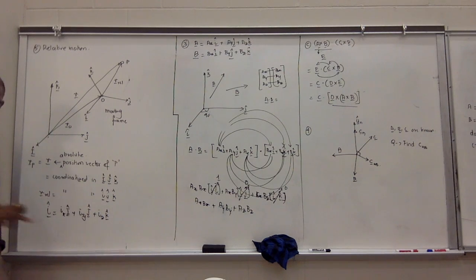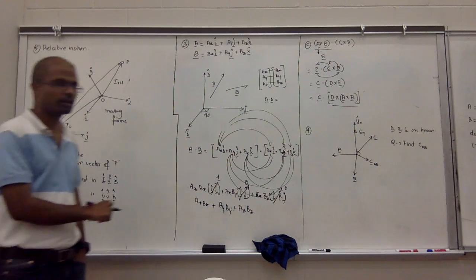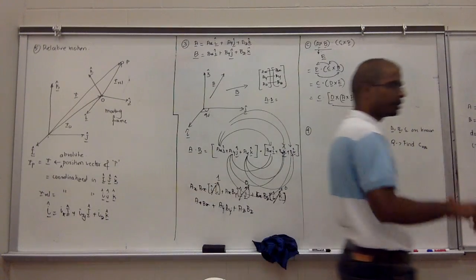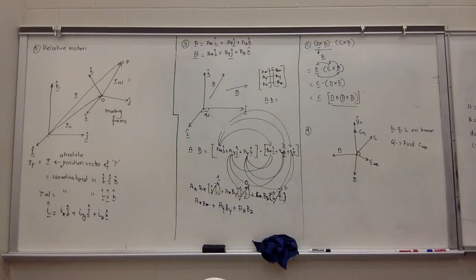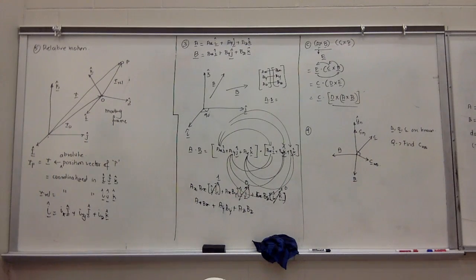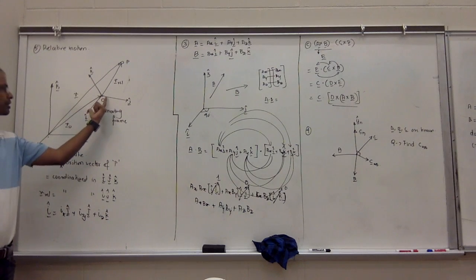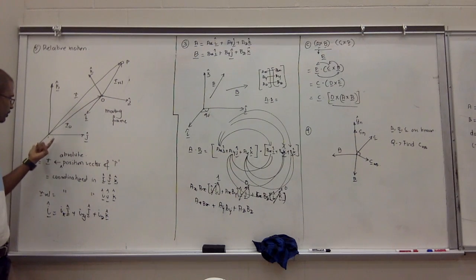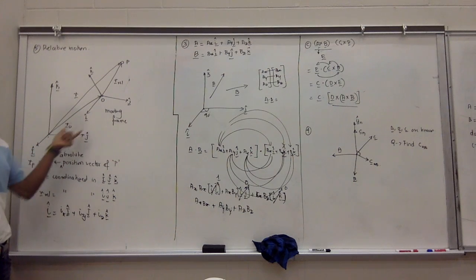You'll see this in your textbook. The small i is expressed in terms of cap ijk. What does that mean? It's not relative motion, but this i itself can be expressed in terms of cap ijk. This i will have components in ijk.